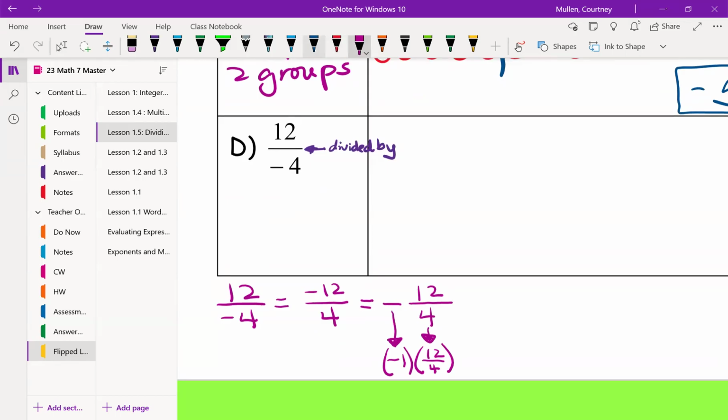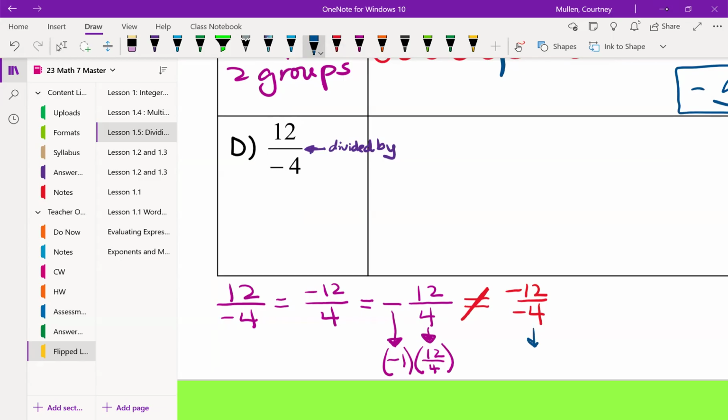Let's talk about one option that is not equivalent. So I have the equal sign with a slash through it. This ratio or fraction is not equivalent to the purple ones. Why not? Did you remember that a negative divided by a negative or a negative times a negative would be a positive?